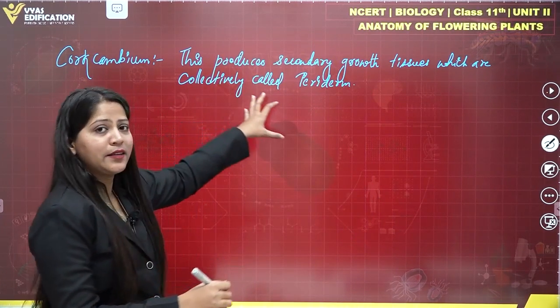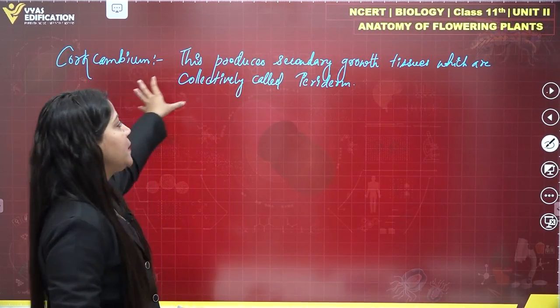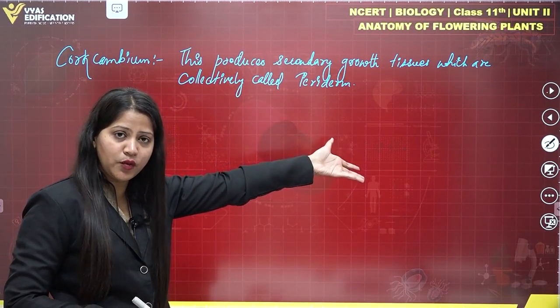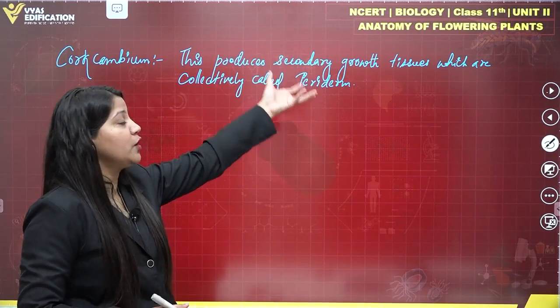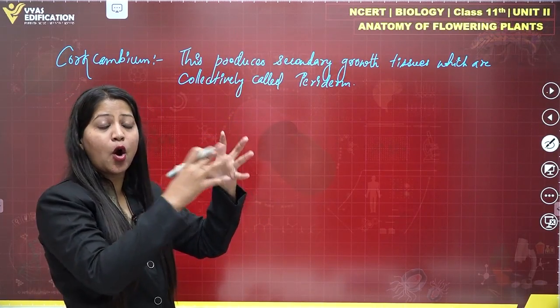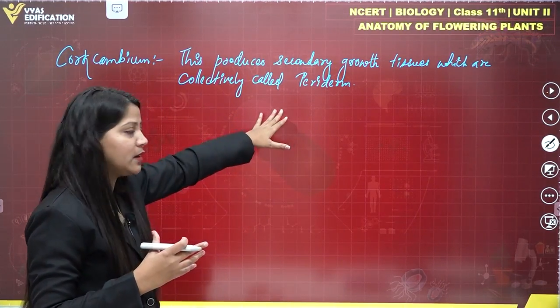So this cork cambium produces secondary growth tissues, and these secondary growth tissues all together or collectively are known as periderm. We know that.